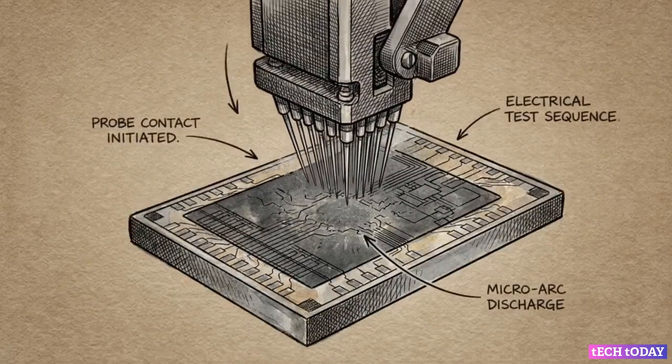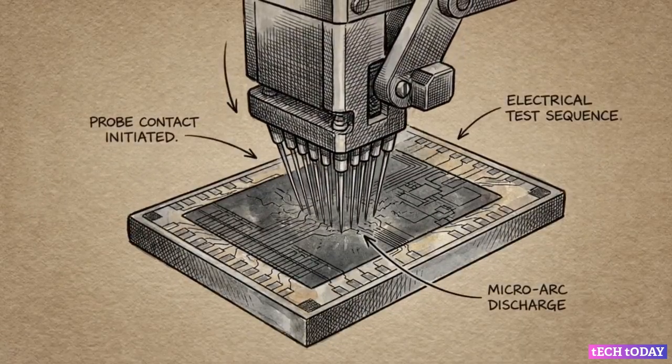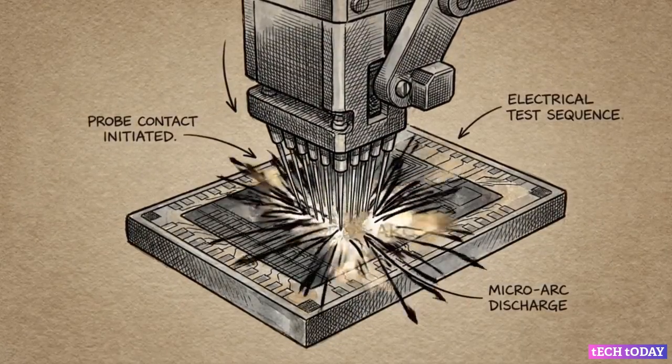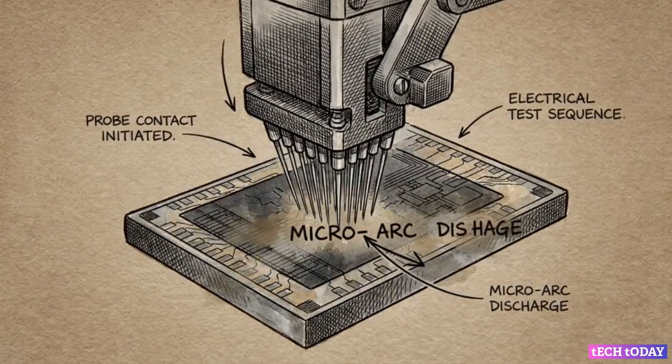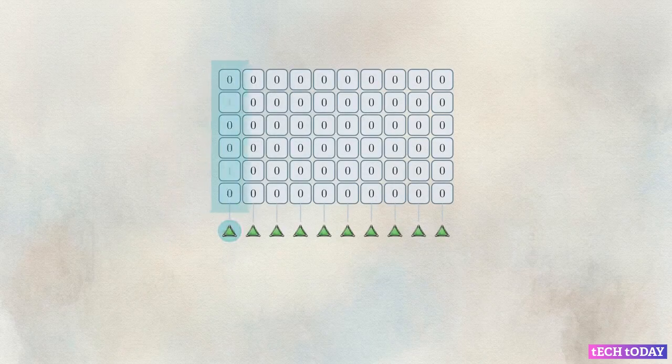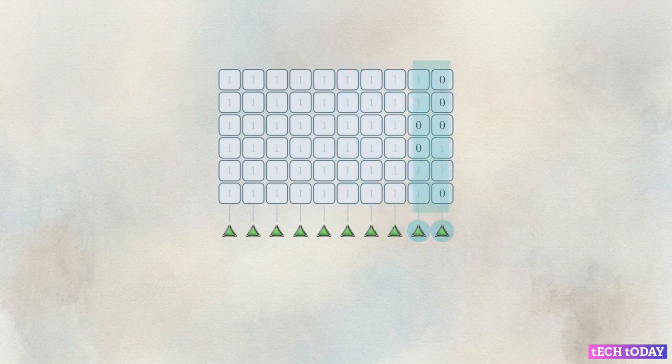Every individual die leaving the fabrication line must first pass through intense wafer probing and electrical testing before it can be packaged. Engineers deploy functional tests called March algorithms. The software systematically writes and reads ones and zeros across every single cell, hunting for any physical fault that leaves a bit stubbornly stuck.